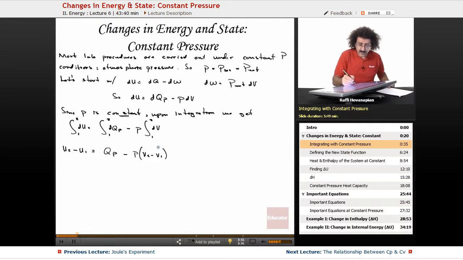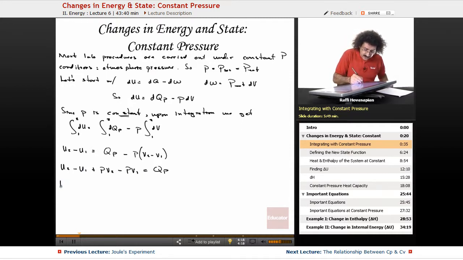When I distribute this and move it over to the left, I get U2 minus U1 plus P V2 minus P V1 is equal to QP. So far, so good. I'm going to rearrange this and put the 2's together.